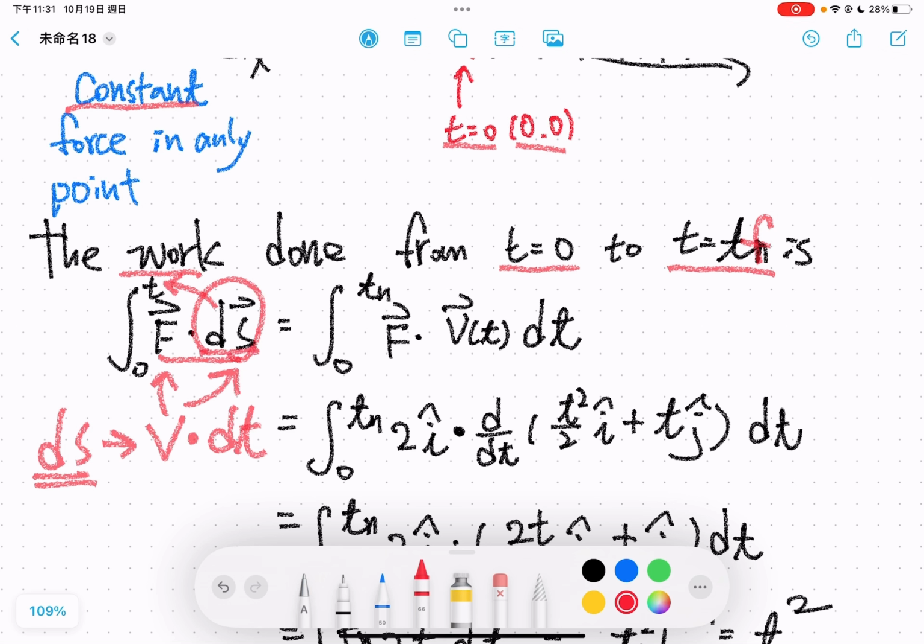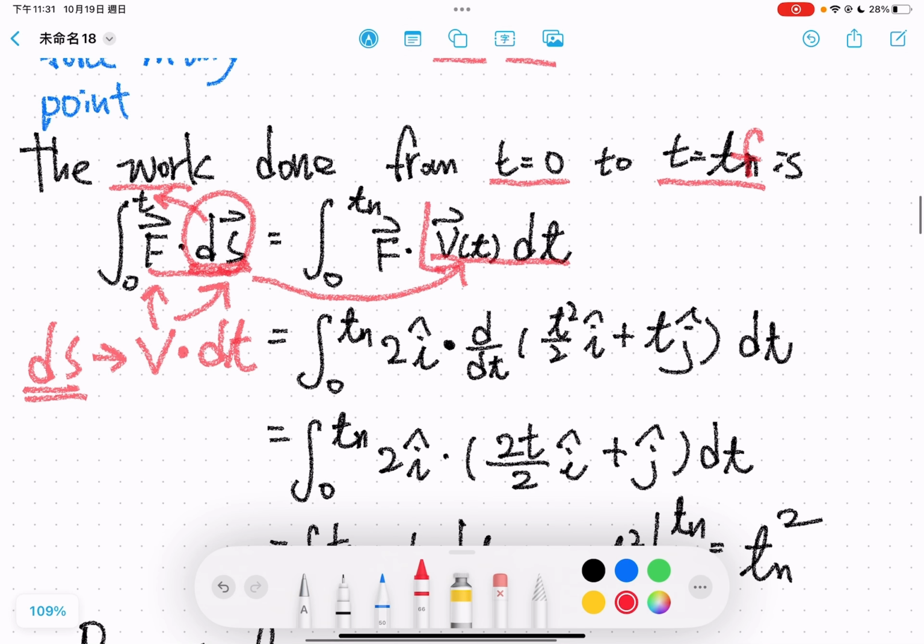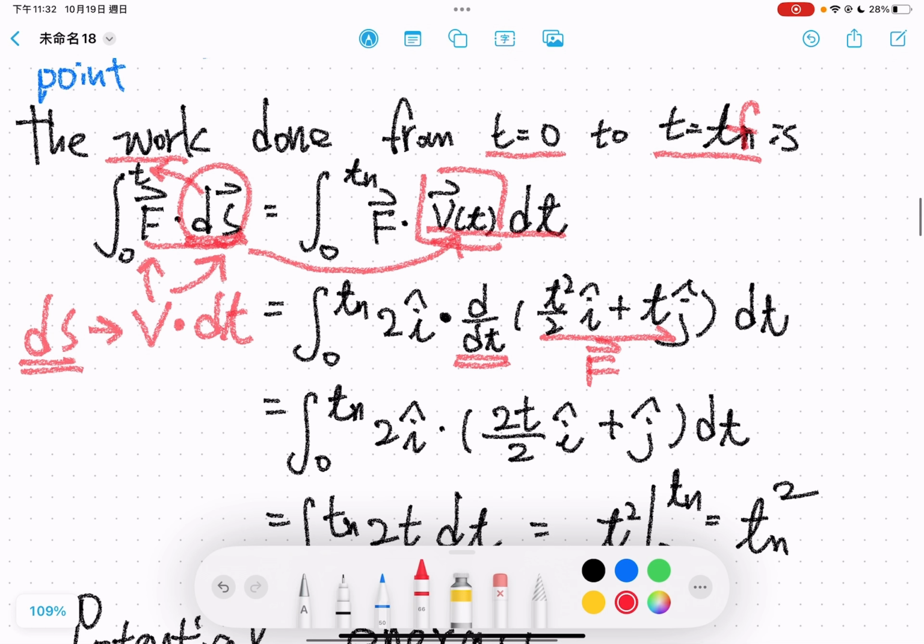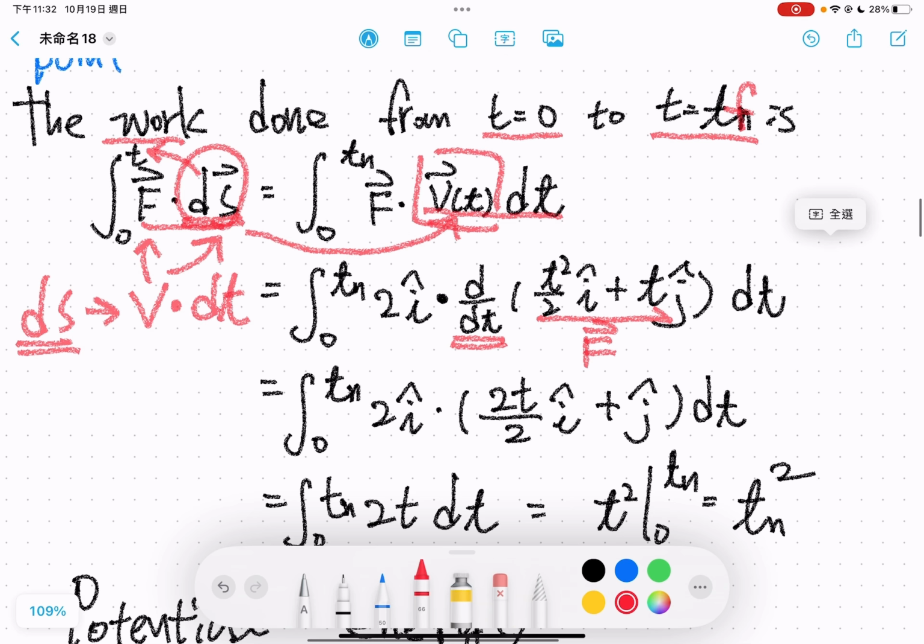So we can rewrite the displacement as the velocity times dt. And the velocity itself is the first derivative of the position vector. So we can write down that the derivative result is 2t over 2 and j.